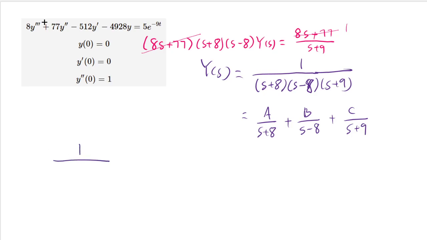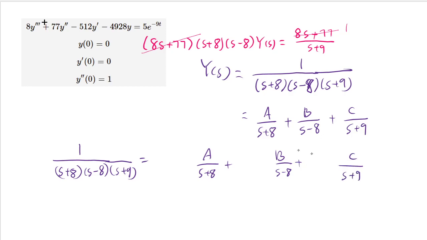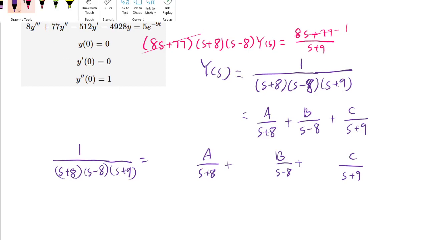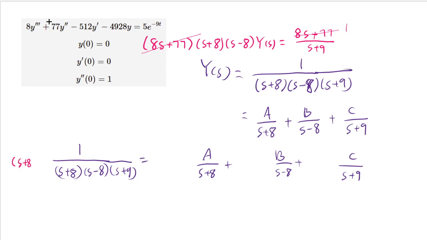You want to write down s plus 8, s minus 8, s plus 9, and I want this to equal a over s plus 8 plus b over s minus 8 plus c over s plus 9. And we don't like fractions that much, so I'm going to multiply s plus 8, s minus 8, s plus 9 to both sides.